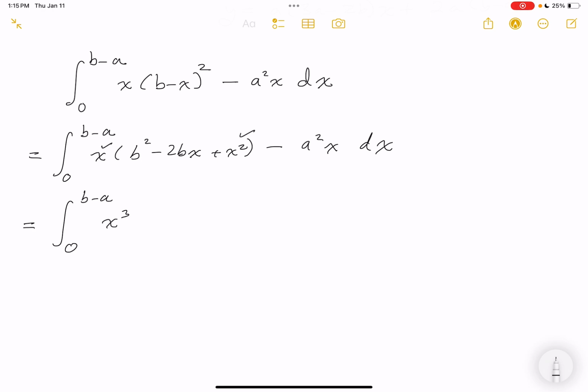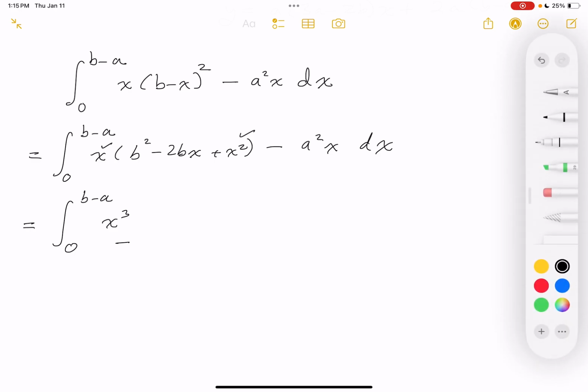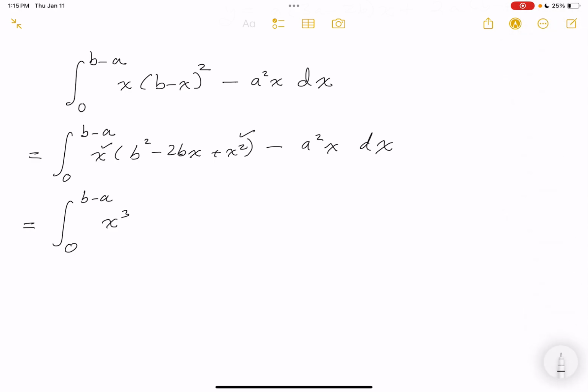I'm doing this x times that x squared. We're going to get minus, oops, sorry, I got in the wrong spot, don't I? So we're going to get minus 2b x squared. Then we're going to get plus b squared x minus a squared x dx.